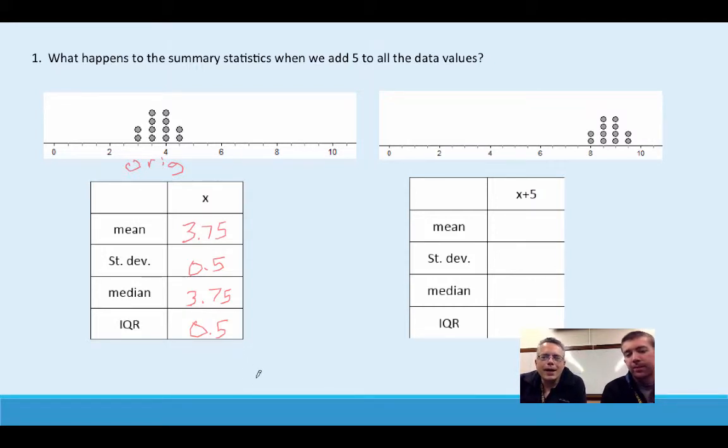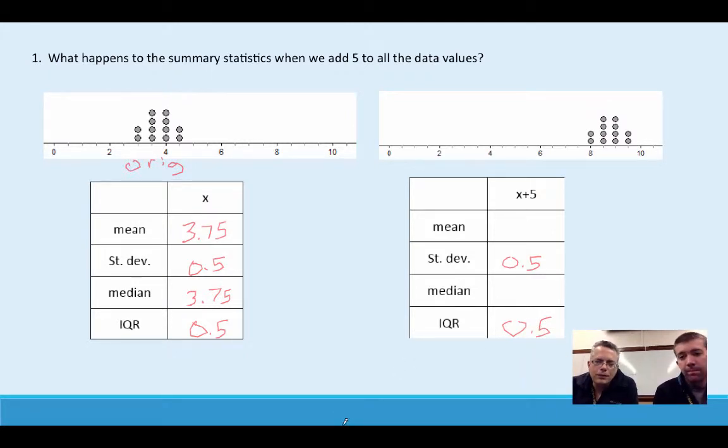So when we add 5, we see that the measures of spread stay the same because the data didn't get more spread out. Over here on the right, we can just copy what we had before for the standard deviation and the IQR. However, measures of position, like mean and median, and also Q1 and Q3, went up by 5.